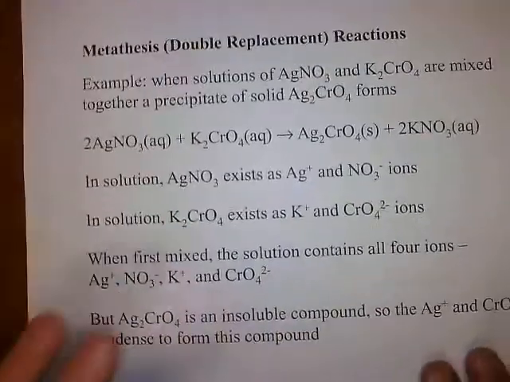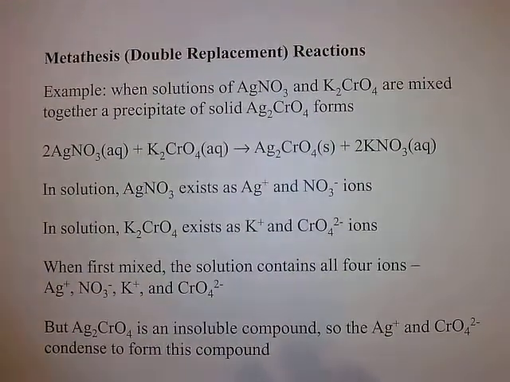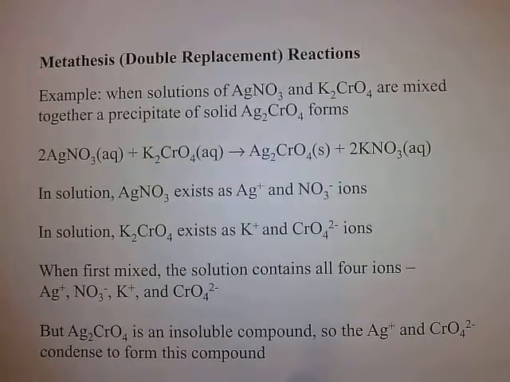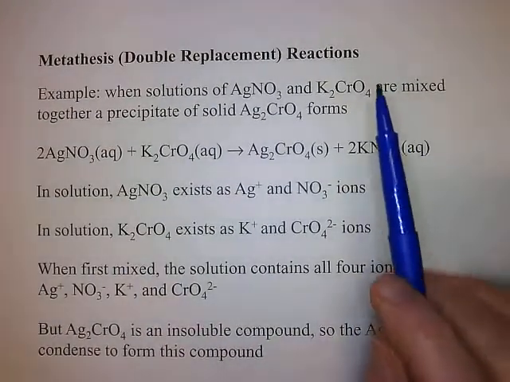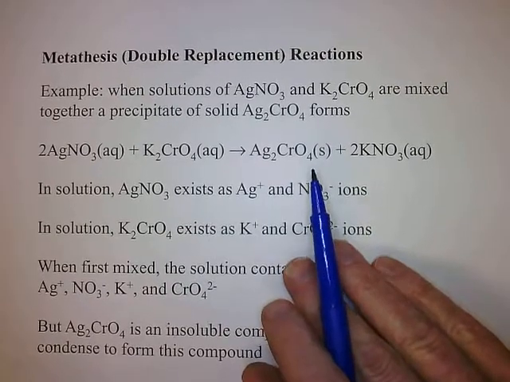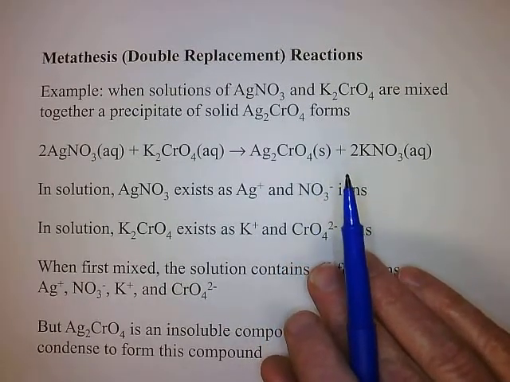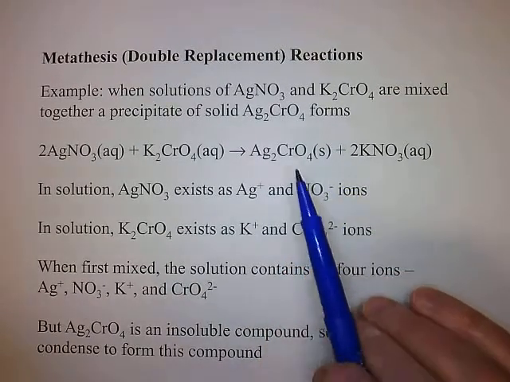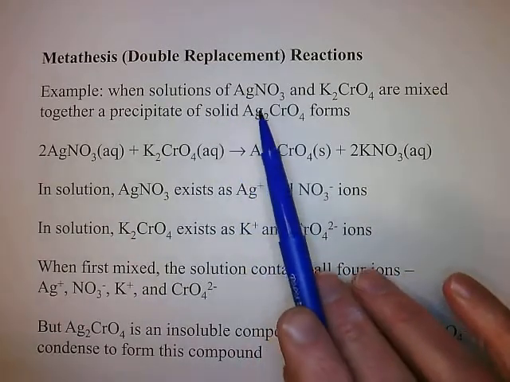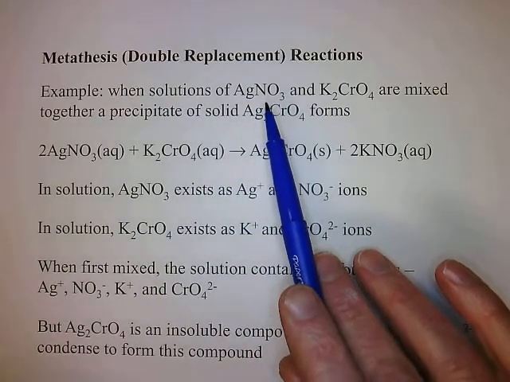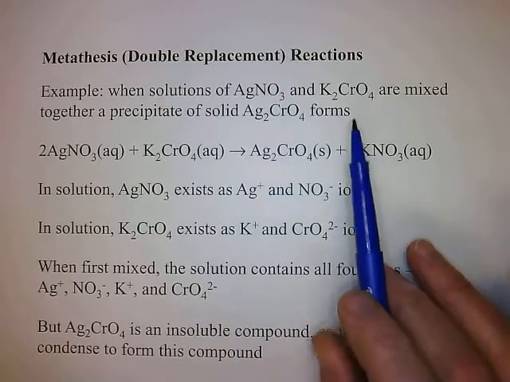So let's talk about metathesis reactions, also called double replacement reactions, also sometimes called precipitation reactions. We're going to start out by talking about this reaction between silver nitrate and potassium chromate.